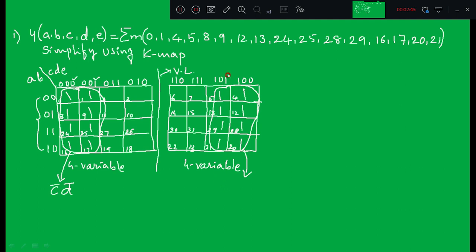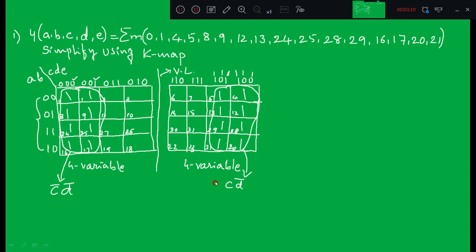And here just check, c is 1, c is 1, right? Next d is 0, d is 0, so c and d will remain and e will get eliminated, because e is 1 here and e is 0 here, complement to each other. So the term for this grouping is what? C and d bar, right?